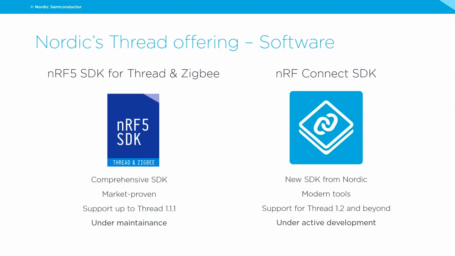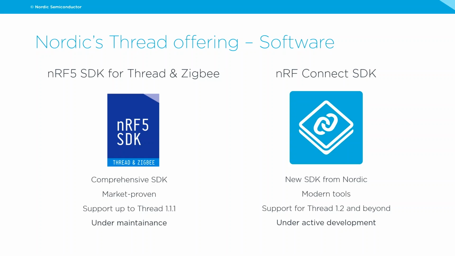You can use the nRF5 SDK for Thread and Zigbee, which is our market-proven comprehensive SDK, existing for a few years now. It can be used for products based on the nRF52 family and Thread specification up to 1.1.1. However, keep in mind that this SDK is now in the maintenance phase, meaning that new features won't be added anymore.